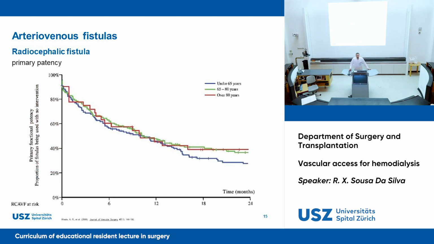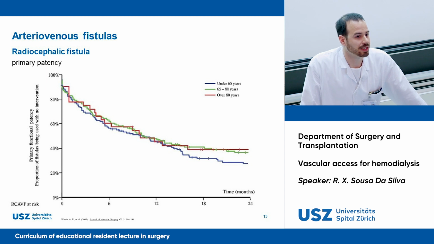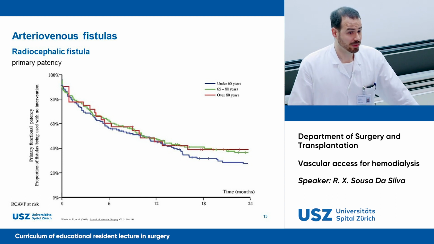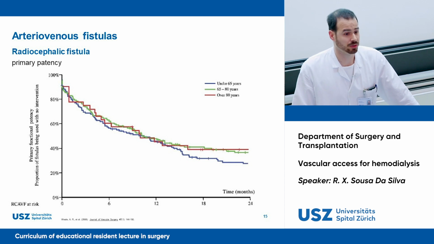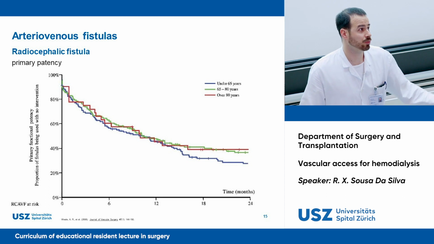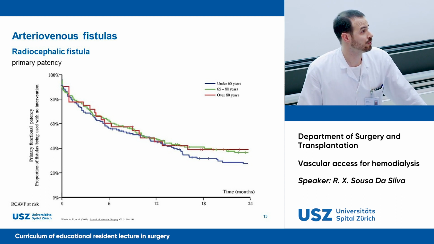Wheel et al. showed in 2008 in a study where he analyzed primary patency, for example in a radiocephalic fistula, that the primary patency is not really good. After 1 year, it's about 40 or 50%. That explains why you redo arteriovenous fistulas multiple times in the lifetime of a patient.